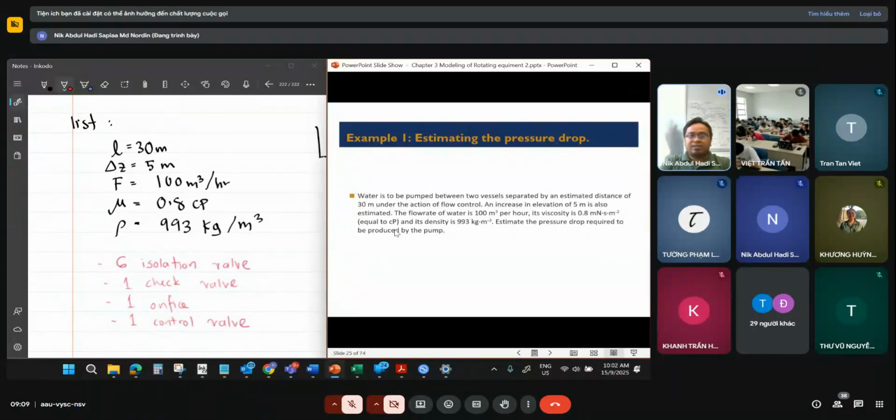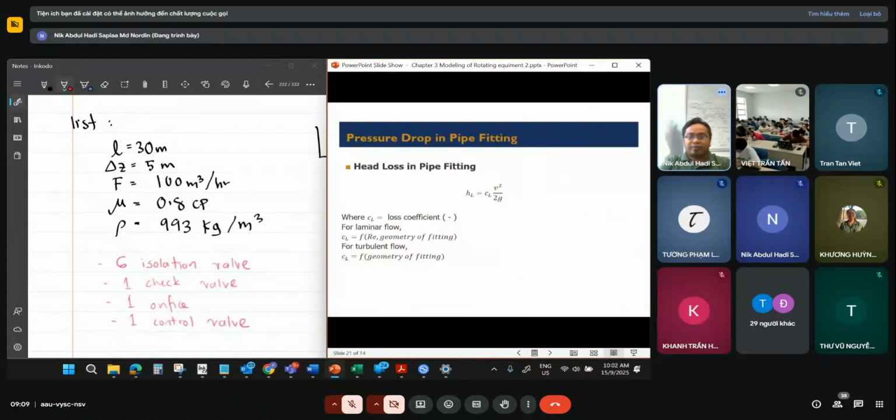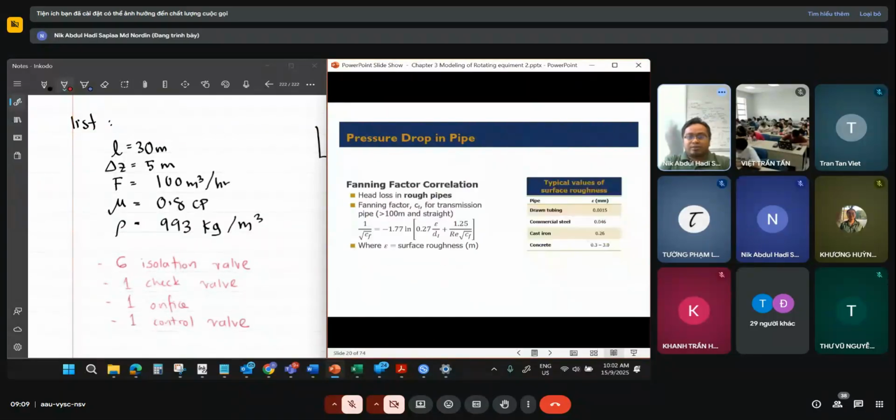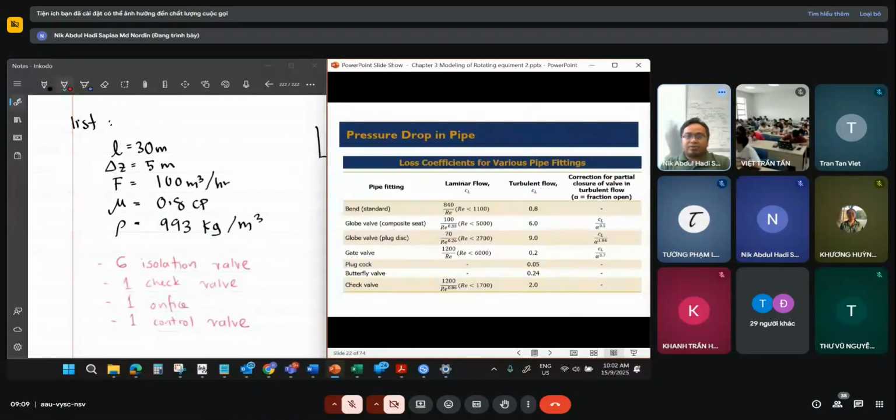So let's see here. For the isolation valve, typically we'll use a gate valve. For the check valve, we already have this.